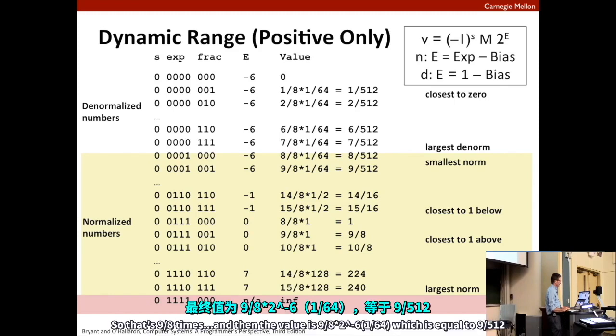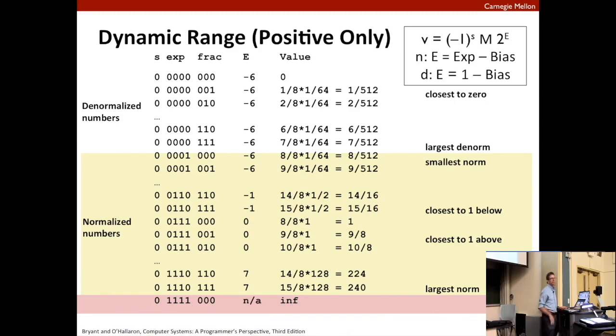So that's 9/8, and the value is 9/8 times 2 to the minus 6, 1 over 64, which is equal to 9 over 512. Okay? Any questions about that?